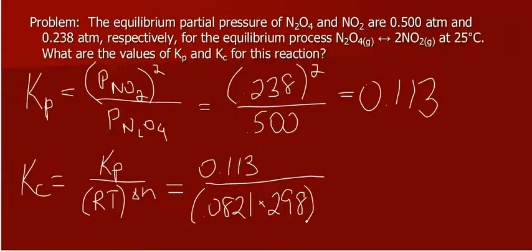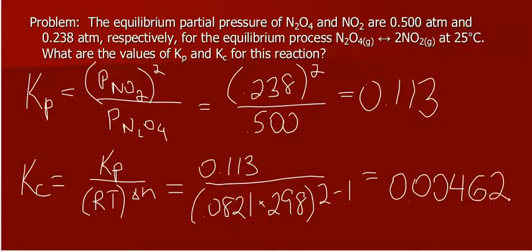Delta N is the moles of product minus moles of reactant in terms of gases, so that would be 2 minus 1. And then we can solve for Kc, which comes out to 0.00462. So there's the relationship between Kp and Kc.